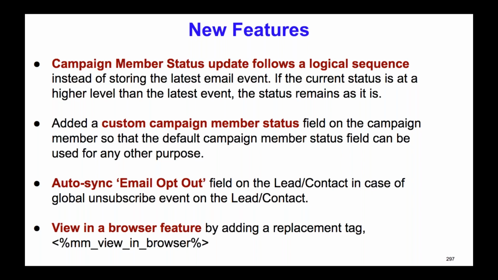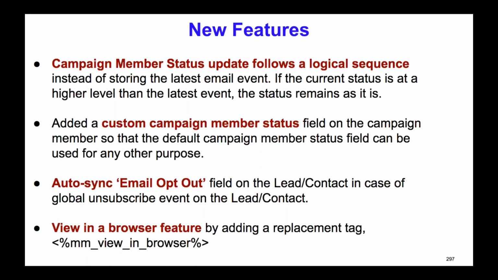And then the next feature is a replacement tag that you can use, called MM View in Browser. What it means is that if you send an email, which is more like an HTML, all this time people can look at it in their email client, but there is one feature that is missing.